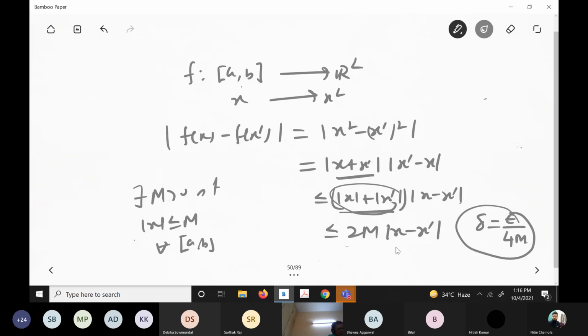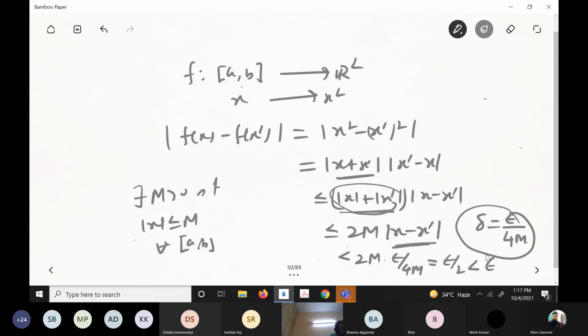Yes, sir. If x minus x prime is less than delta, then it will be less than epsilon. I could choose epsilon by 2M, that would have worked also, but for the so-called better thing I do that. Now look, it works.